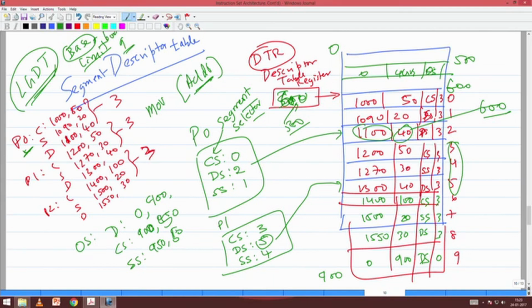Now I can't go and add more than 9 segments, 9 or 10. Okay. So 10. I can't add more than 10 segments. Okay. So I will not be in a position to create a new segment descriptor, nor could I basically access. So you are able to get this? Okay. So this is one part of the story.